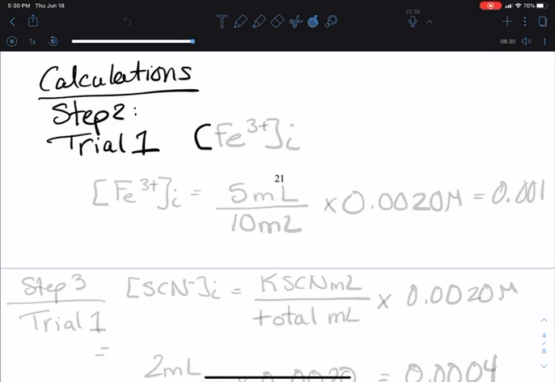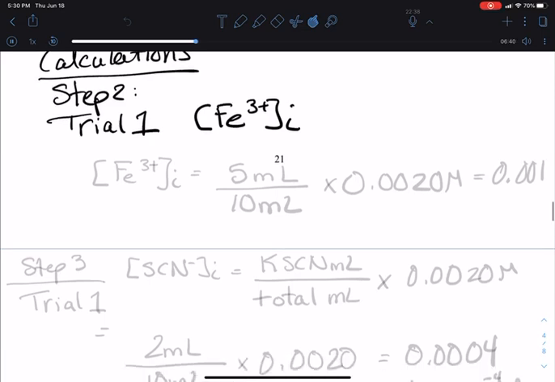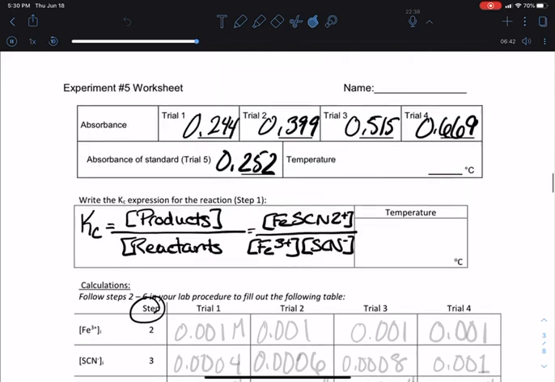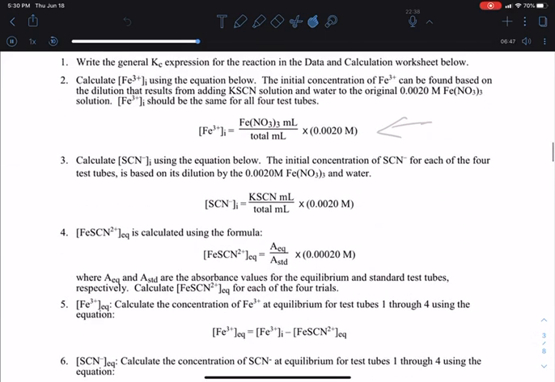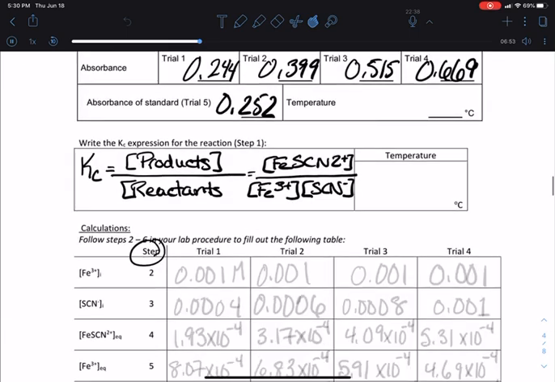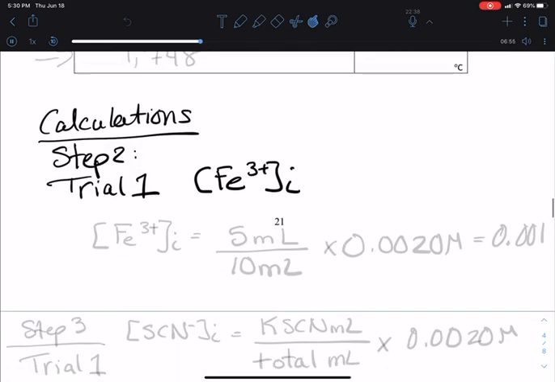So we're calculating the concentration of iron that we initially started with. And if you look back to our equation section of this lab, it has step 2 here as using this formula. So they made it easy for us. So we just plug in our numbers.